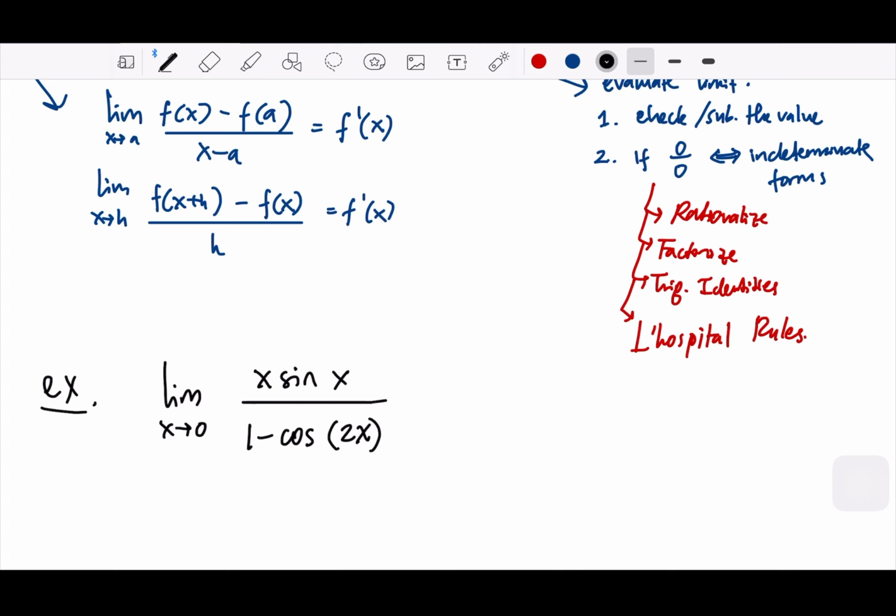So whenever you have a limit, the first thing you need to check is the limit. Check, and it's 0 over 0, right?